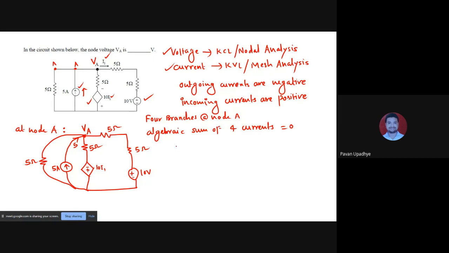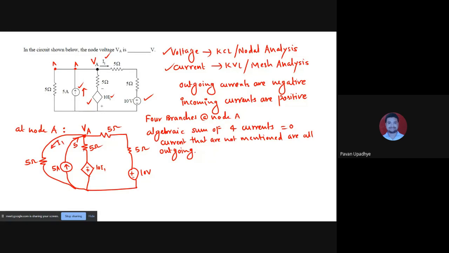We will assume that the currents that are not given or not mentioned are all outgoing. You can assume incoming also, not a problem. So let us call this current I1.